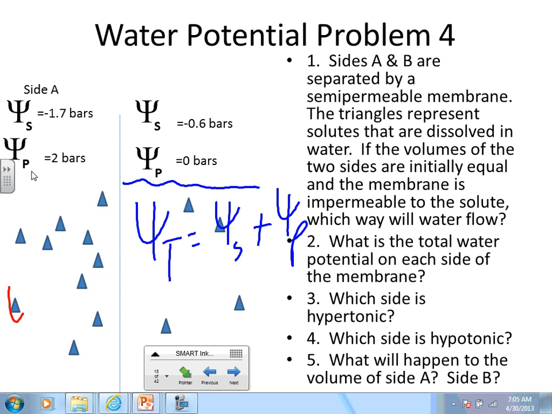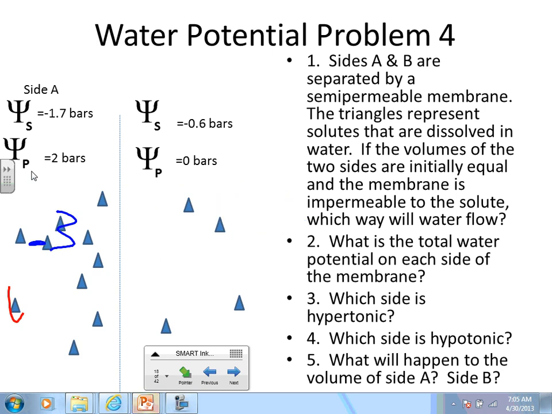So to calculate the water potential over here, it's just 0.3, right? You add them up, positive 0.3. And then on the other side, negative 0.6 plus 0. The water potential over here is negative 0.6.